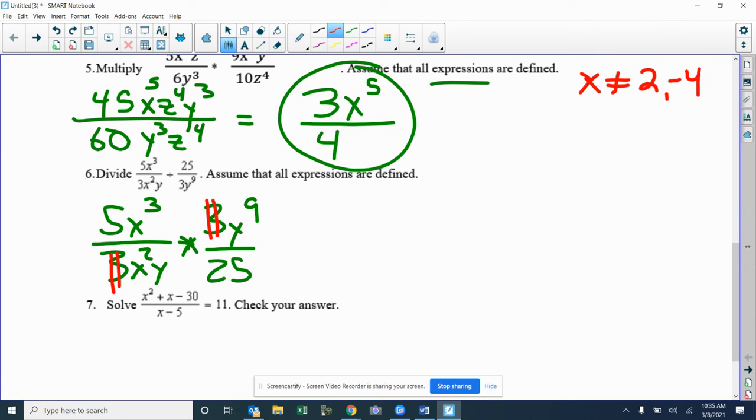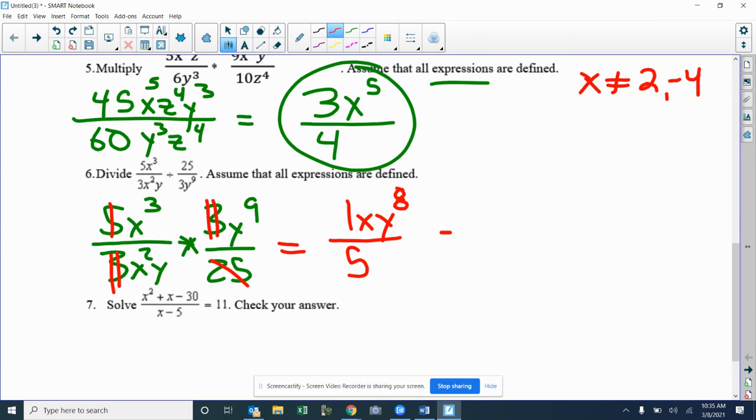Okay? And 5 over 25, I know what that gives me. That gives me 1/5, doesn't it? So I've taken care of the numbers. I've got more x's on top, it looks like, don't I? How many? Just one more. And it looks like I have more y's on top. How many y's? 8 of them.